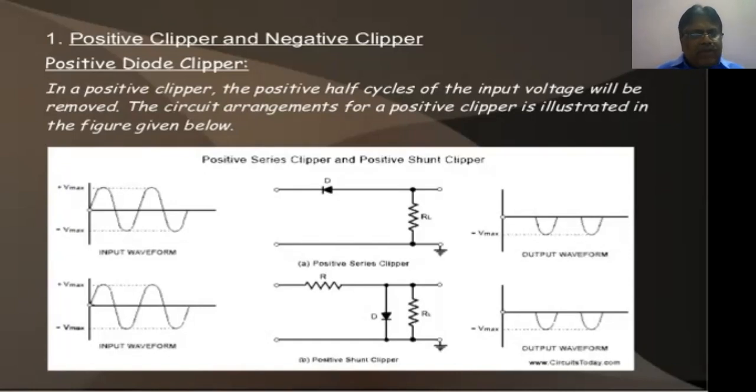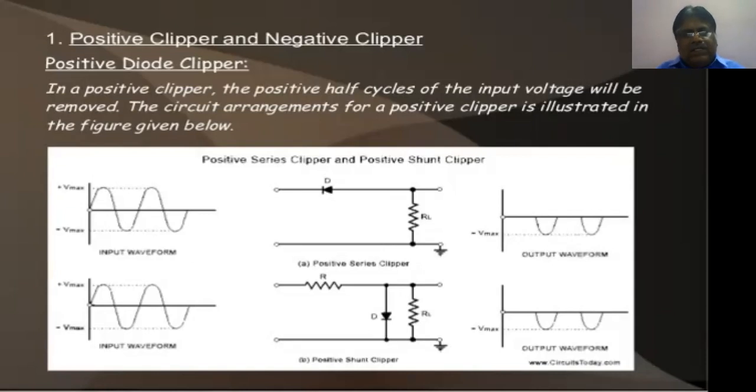The input sine waveform is applied to the series clipper, with the diode connected in series with the load resistor RL. Positive clipper means only the positive portion will be removed. That is important. This is the positive series clipper. The positive portion of the AC input signal is removed. That is called a positive clipper.